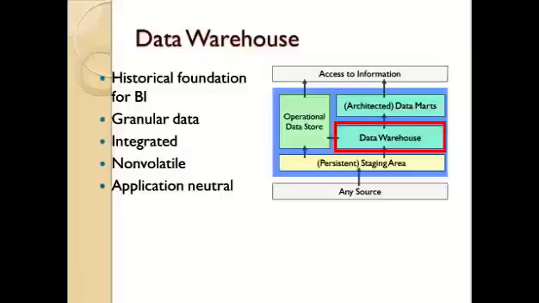It's application neutral, which means that it is integrated from different areas, and then from there we can further load data into various data marts, which are more area specific.